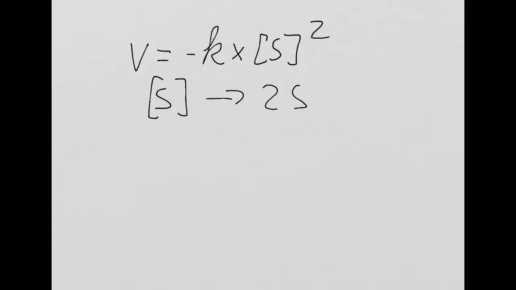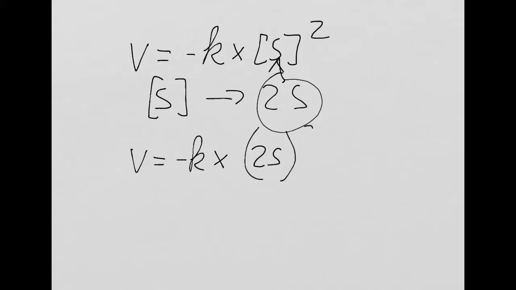So all I need to do is really I take this 2S and put that in here. So I have V equals minus K times 2S squared. Yeah? So what's the factor? The factor is 2 to the power of 2. So V would be 4 times the original V.